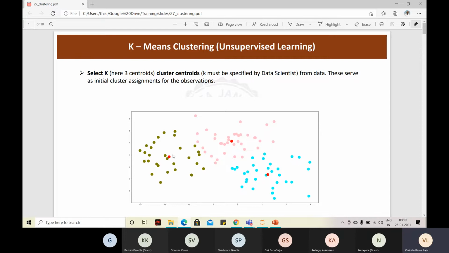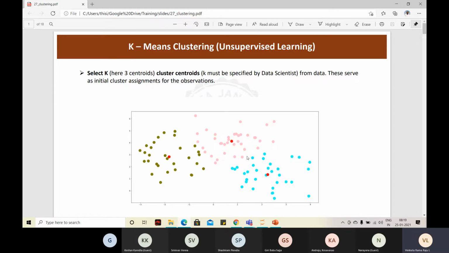K-means plus plus will choose the first cluster centroid randomly, then choose the next one which is far from the first one, the third one which is far from the first two. If you specified k equal to 5, it will choose the first one randomly, the second one far from the first, the third far from the first two, the fourth far from the first three, and the fifth far from all 4 currently chosen cluster centroids.